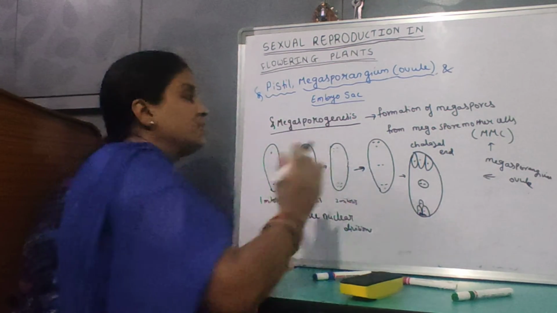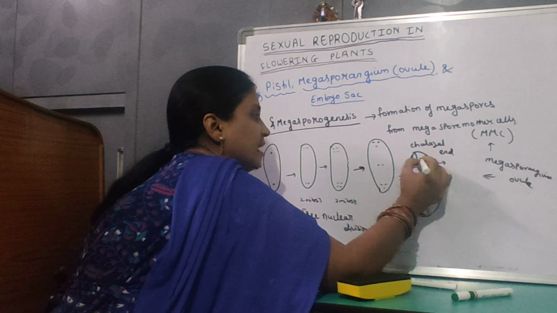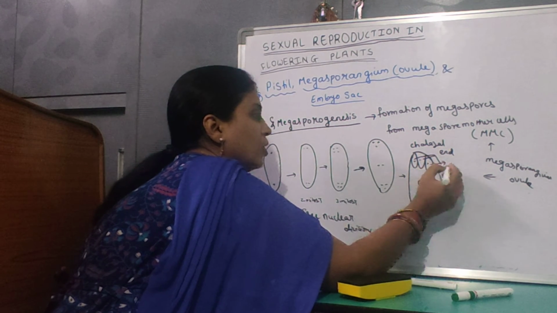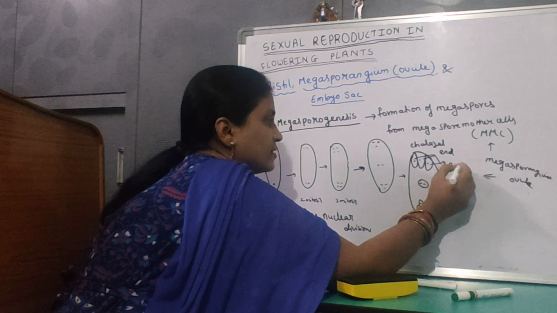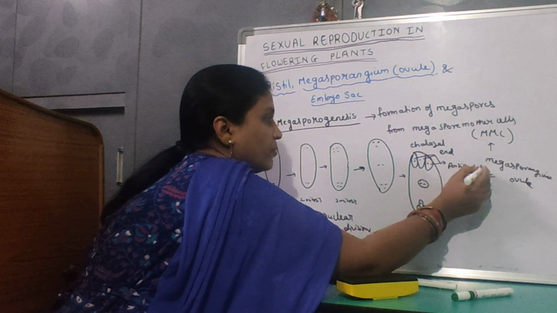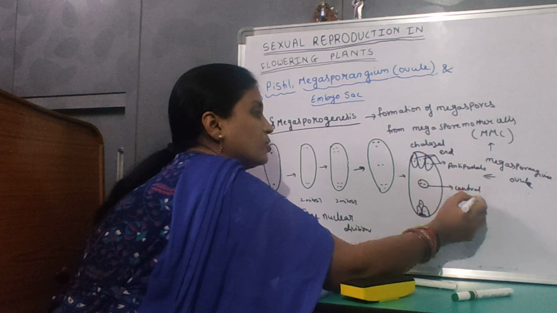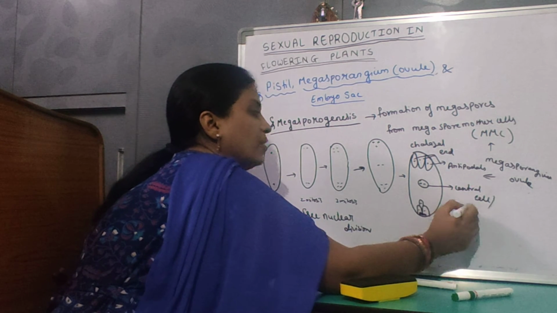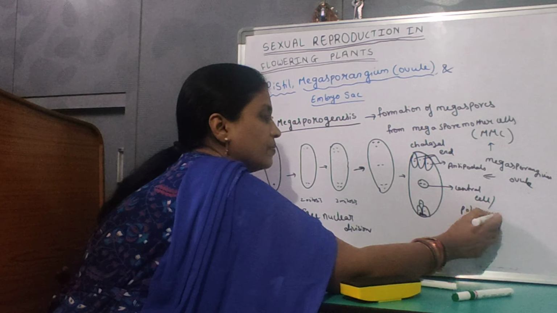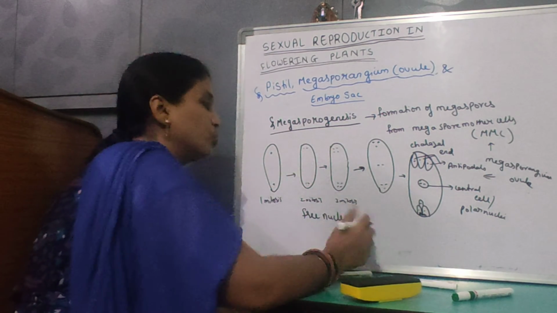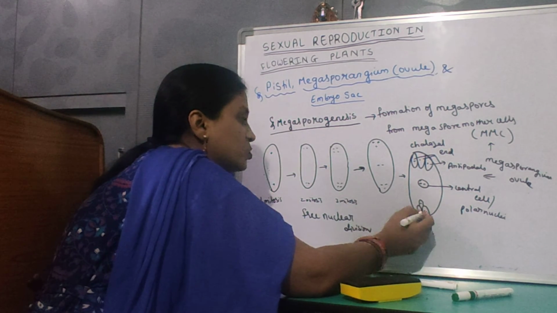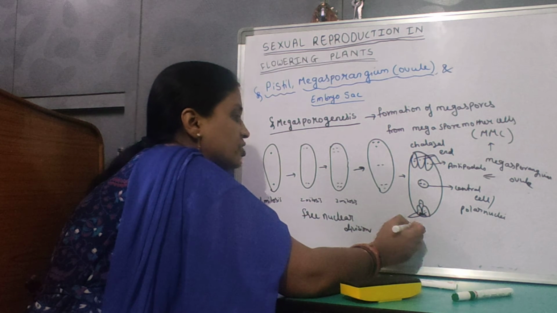So the three cells which are present at the chalazal end are called antipodals. The central cell is also called polar nuclei, which has two nuclei. Then these two cells are called synergids.